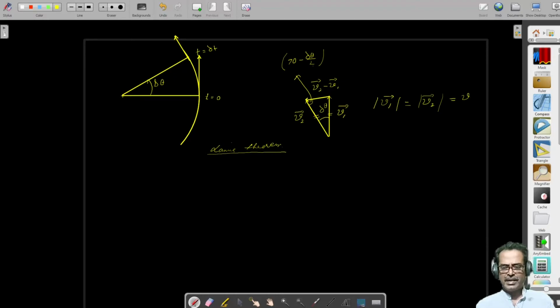Now, using Lami's theorem, we can say that the magnitude of v2 minus v1 divided by the sine of its opposite angle del theta is equal to the magnitude of v1 divided by the sine of its opposite angle.